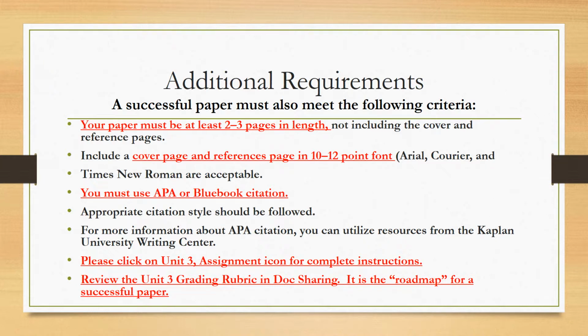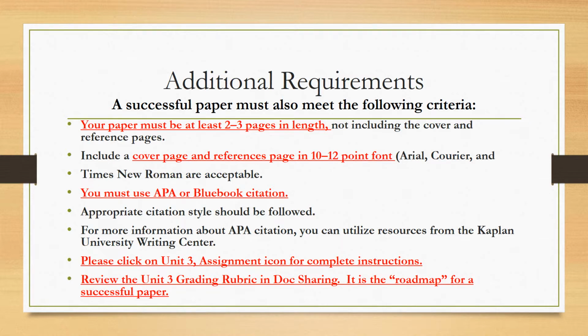You want to include the cover page and the reference page, and you want to make sure that you're using 10 to 12 point font. You want to use APA or Blue Book citation formatting. That is your choice, because you definitely have to follow appropriate citation style when you're using source material.